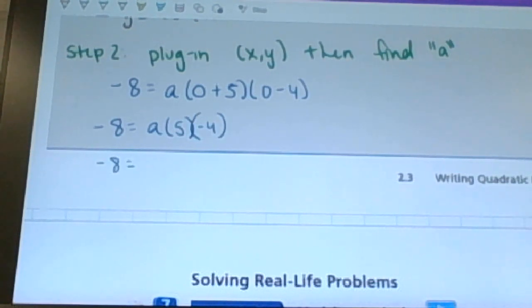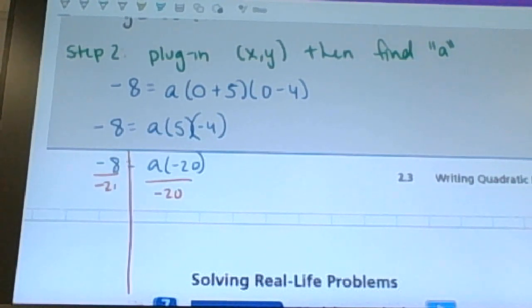That's -8 equals a times -20. I'll divide by -20, and I get 8 over 20 equals a. I'm going to reduce that. 8 and 20 both divide by 4. So a is 2/5.